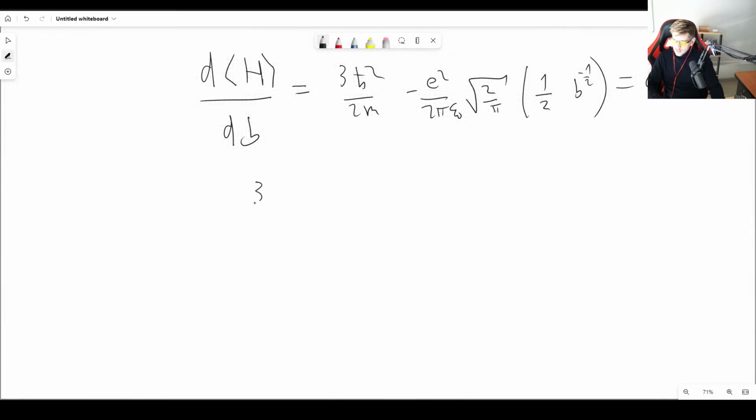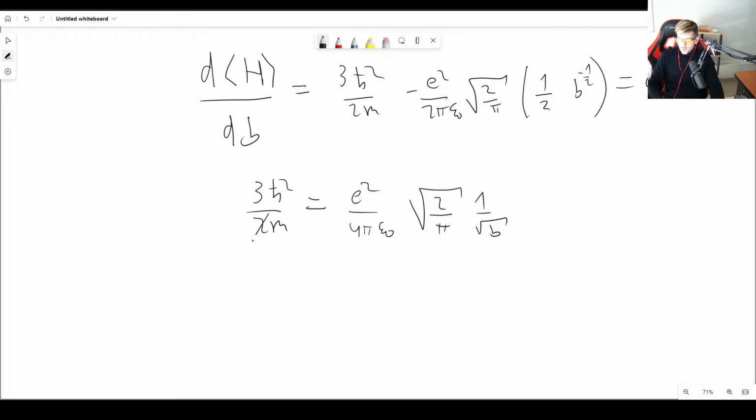So we get 3h bar squared over 2m. This is equal to e squared divided by 4 pi epsilon 0 square root of 2 over pi, 1 over square root of b, basically. Okay, so we can simplify a few things, this with this, and I think that's it.